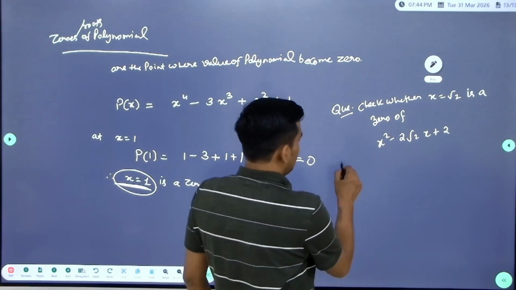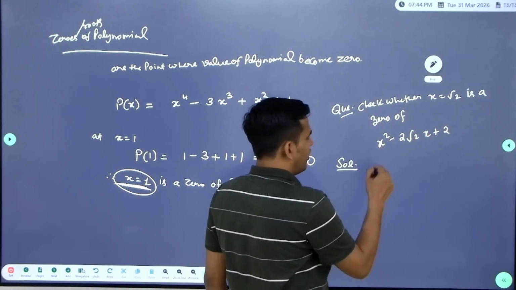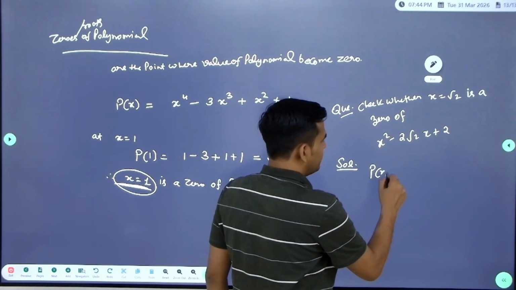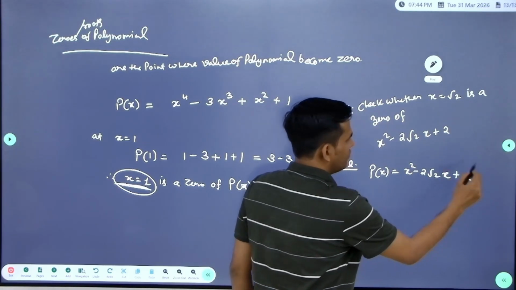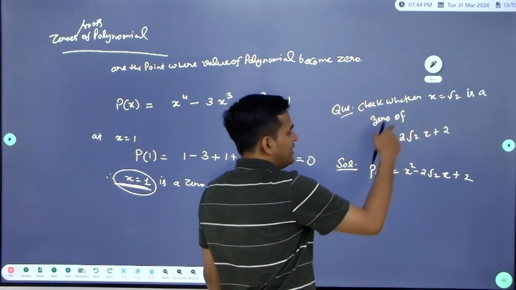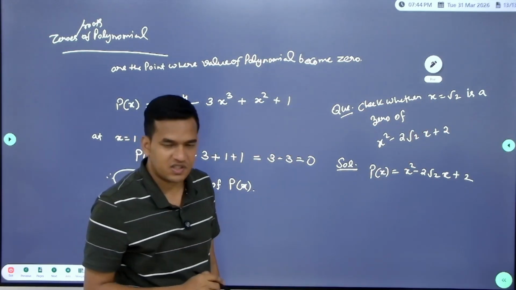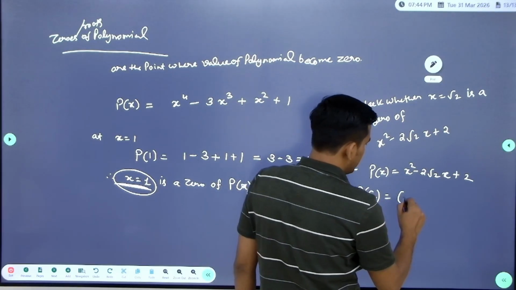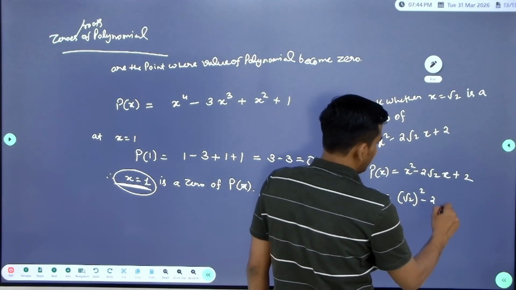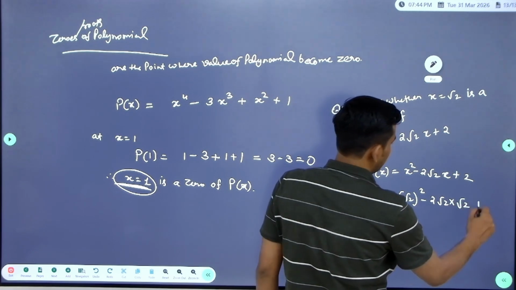So to check it is 0 or not, we'll take P(x) equal to x square minus 2 root 2x plus 2. We substitute x equal to root 2 in this equation. P of root 2 is equal to root 2 square minus 2 root 2 into root 2 plus 2.